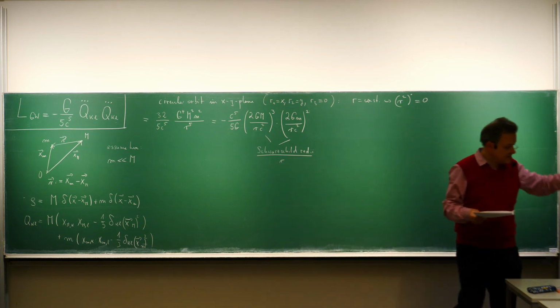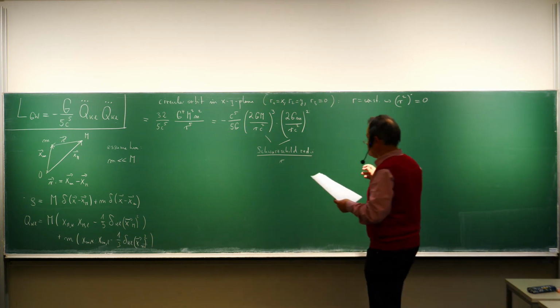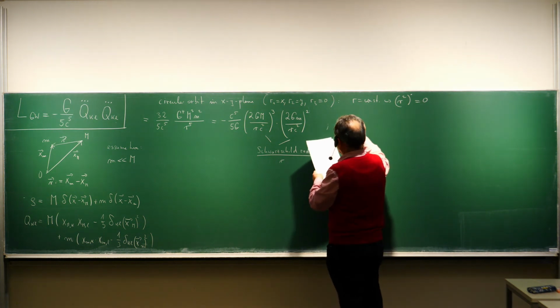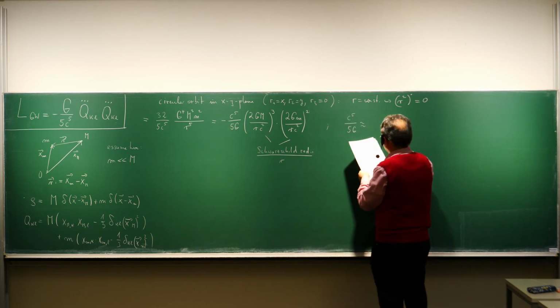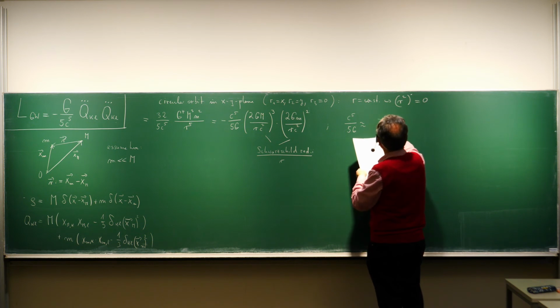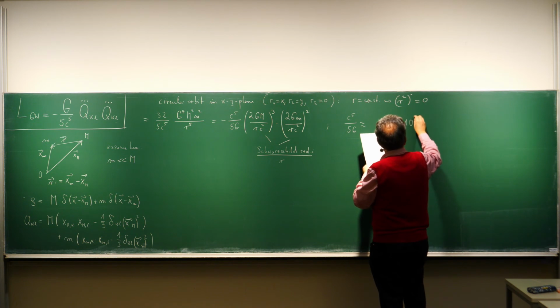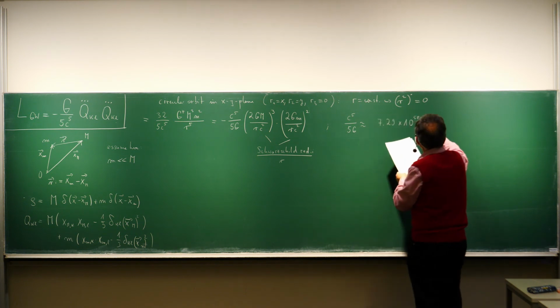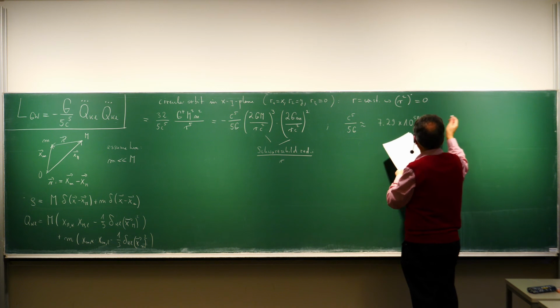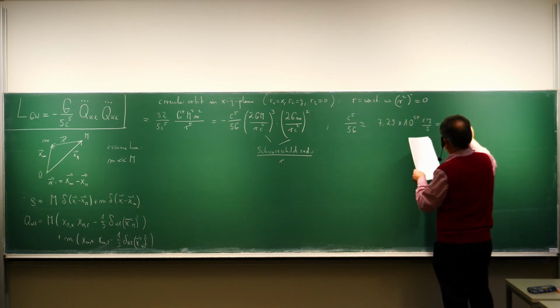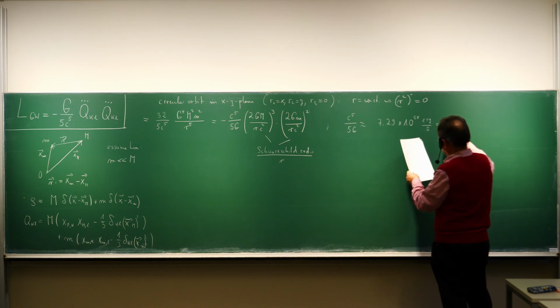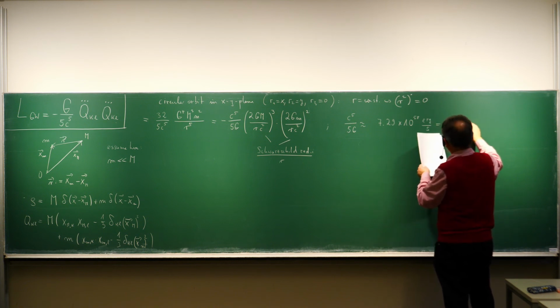Let me give you the dimension of this prefactor. So this is c to the 5 over 5G, which in CGS units is approximately 7.29 times 10 to the 58 erg per second, or if you prefer SI units, there's a factor of 10 to the 7 between erg per second and watt.